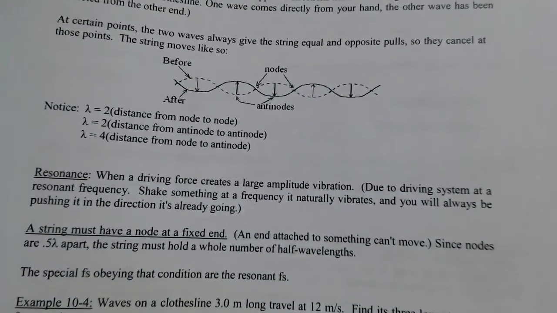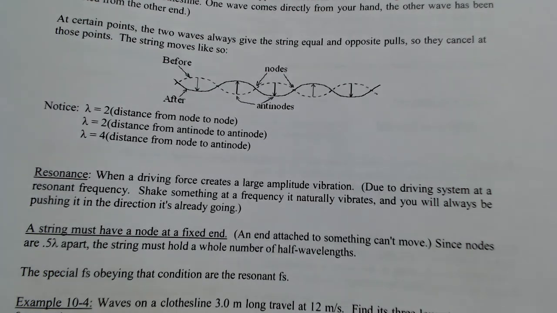So there are certain special frequencies where you can shake a clothesline, for example, where it will vibrate with a large amplitude. If you shake it with any other randomly chosen frequency, it's just going to quiver around a little bit.